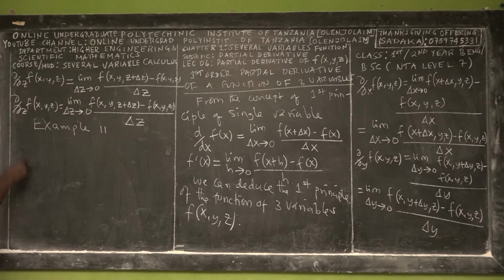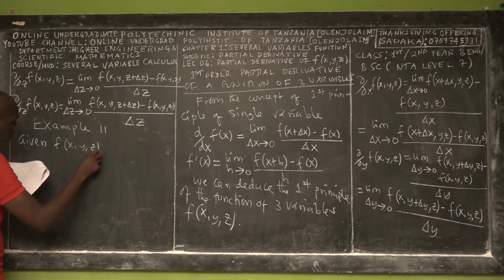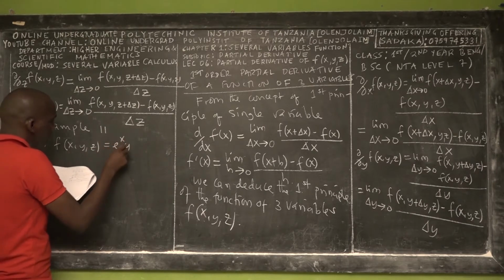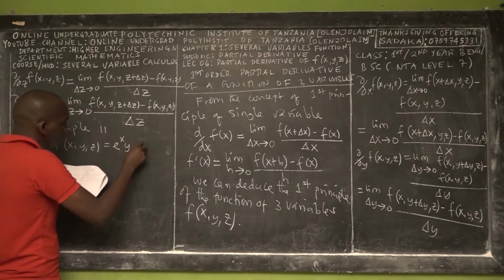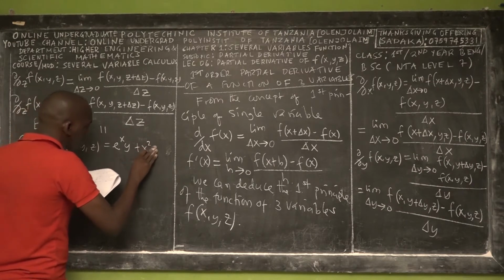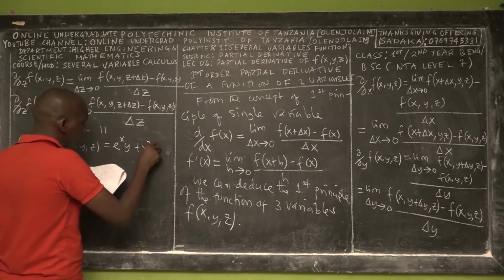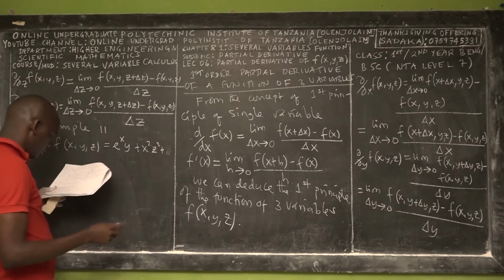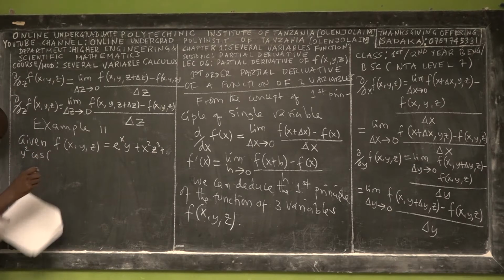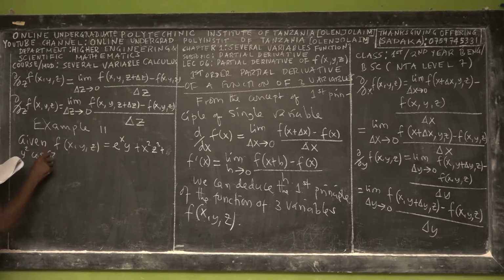The question says: given the function f of x, y, z equal to e to the power xy, plus x squared z cubed, plus y squared cosine of z.